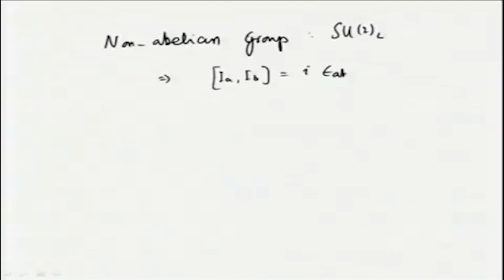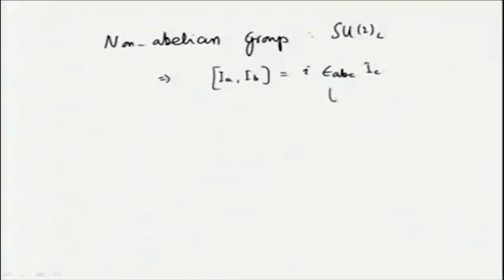The nature of the SU2 group leads to, or this cannot be said either way, I_A I_B equal to i epsilon A B C I_C.